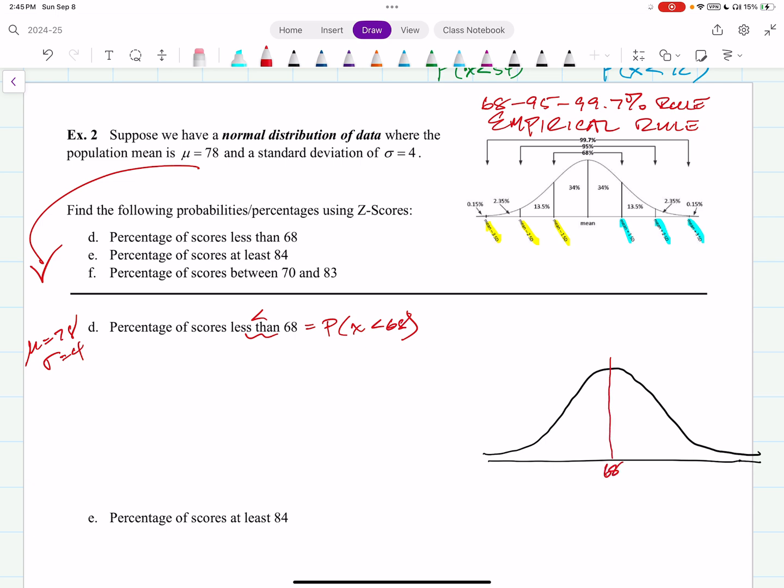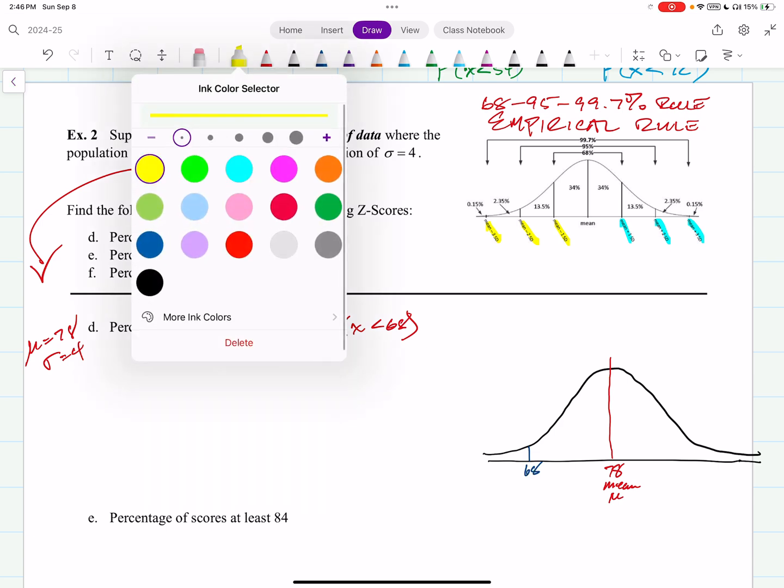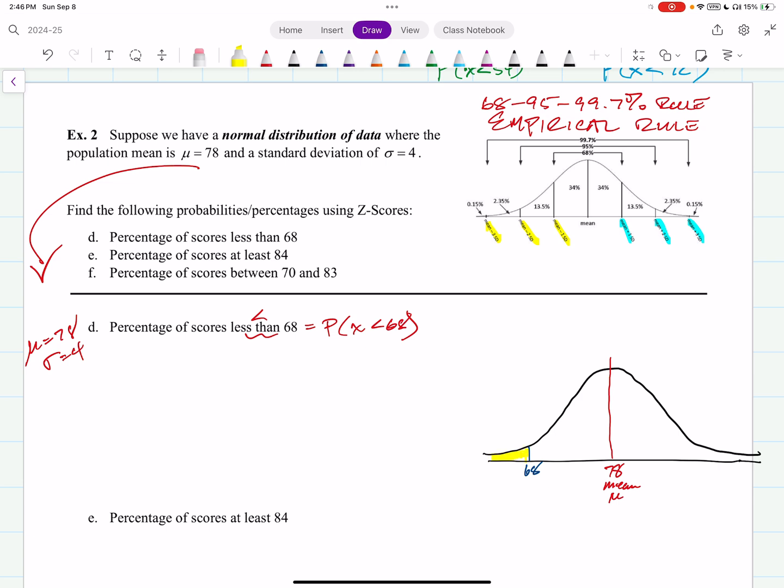The mean is 78, called mu in the Greek system. What we want to find is the probability that the score is less than 68. Let's say 68 is over here. It's a little sketchy, and we want to find this little percentage. It's probably going to be small because 68 is multiple deviations to the left.